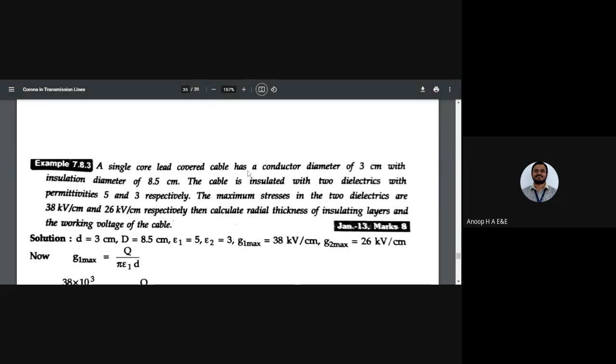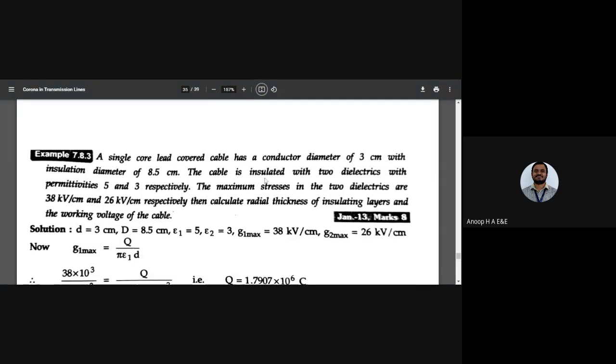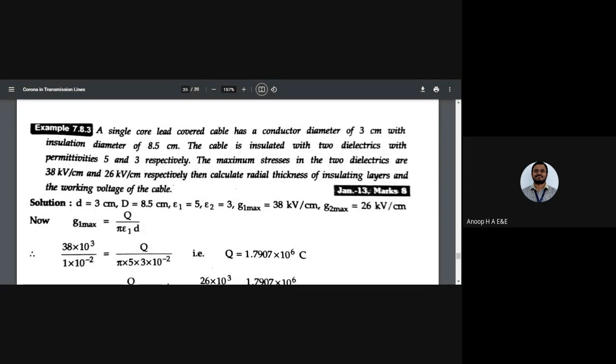The cable is insulated with two dielectrics with permittivities 5 and 3 respectively. Epsilon 1 is 5 and epsilon 2 is 3.